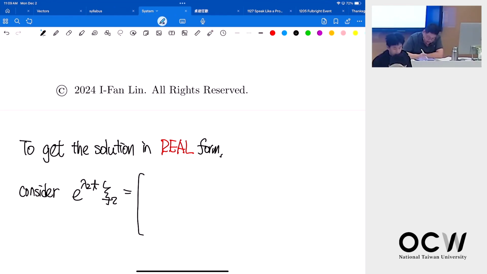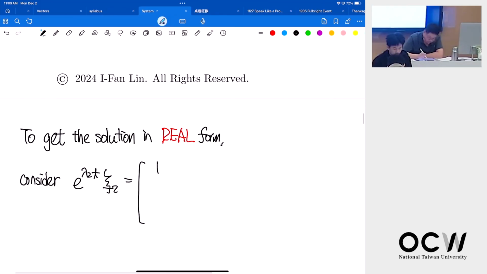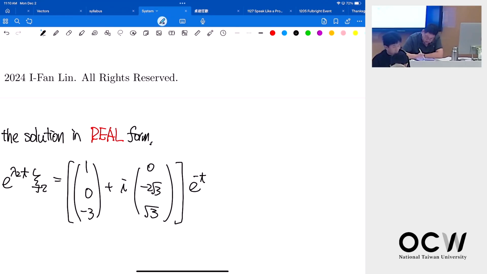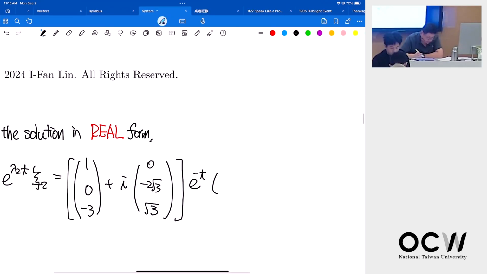That's (1, 0, -3) plus i (0, -2 square root of 3, square root of 3), times e^(-t) times, using the Euler formula, cosine square root of 3t plus i sine square root of 3t.